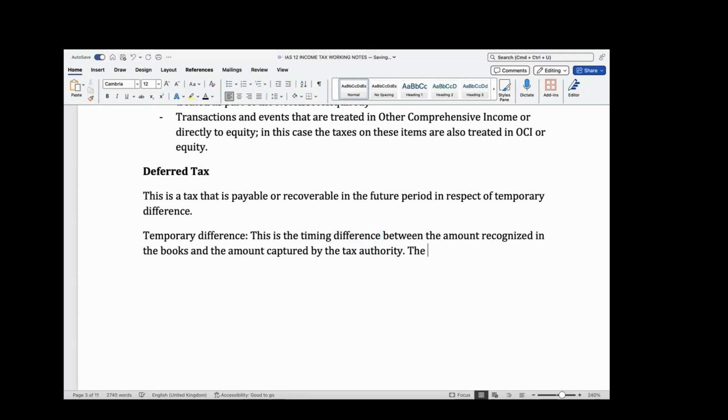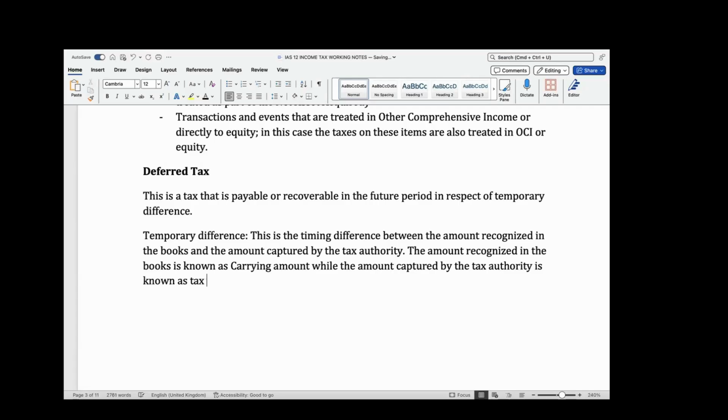So usually the amount recognized in the books is known as carrying amounts, while the amount captured by the tax authority is known as tax base.